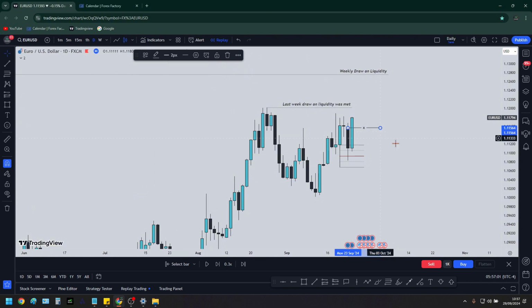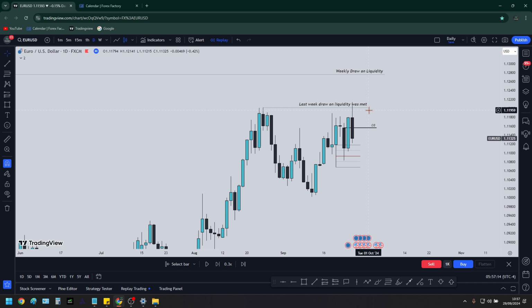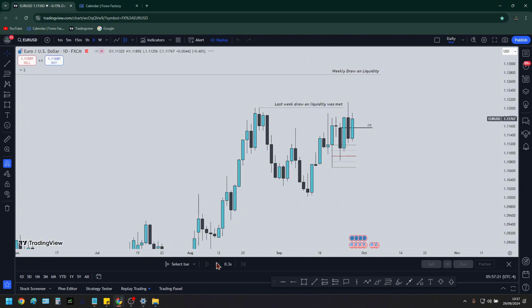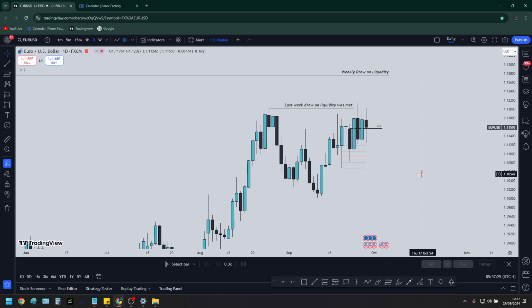And then I think we met the target on Wednesday. Yeah, we did, just with a wick. So the target was met, and then we just bounced around. We didn't do much, but we met the target.